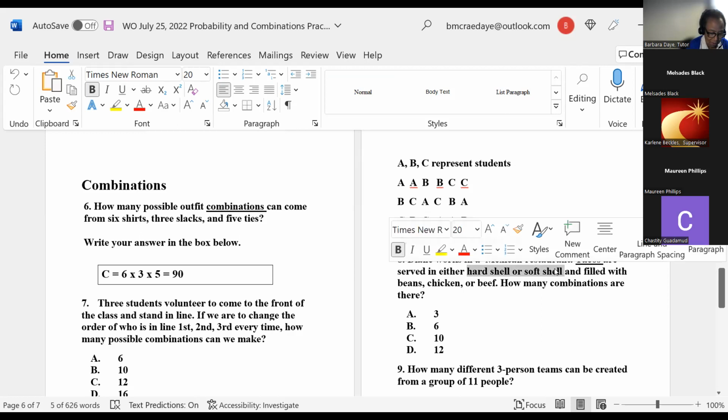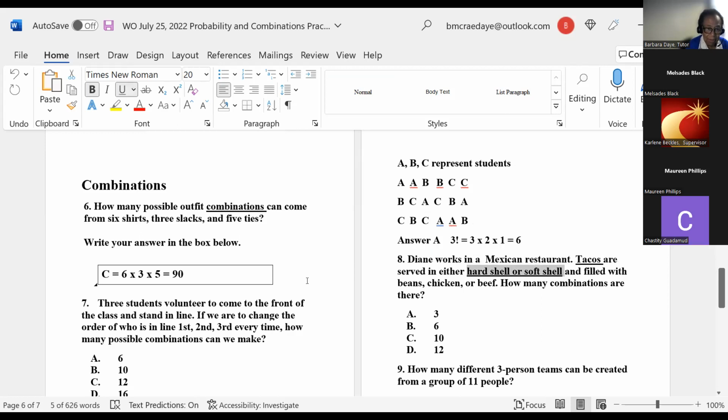Yeah. And you have what? 3 kinds of filling. And 2 kinds of shell. So what's your answer? Oh, it's easier than I think. 2 and then 3, and 2 times 3 is what? 6. That's your answer.